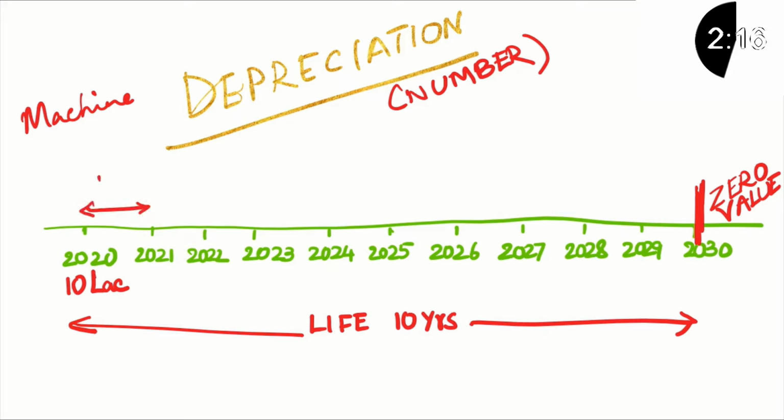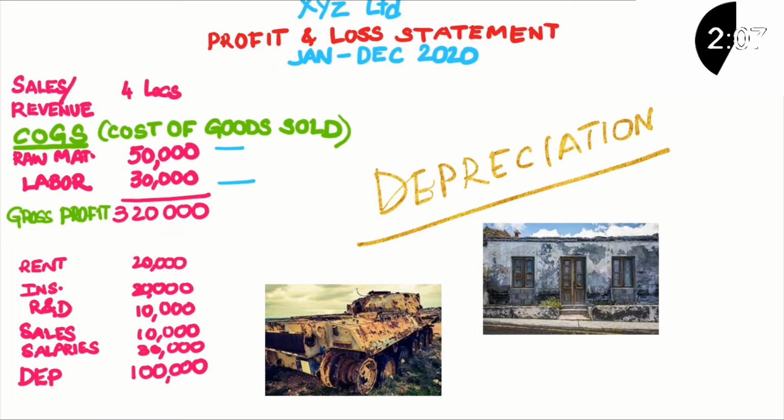The company decides that each year the value of the machinery is decreasing by 1 lakh. So this year also the company is using the machinery for the manufacture of furniture, and hence the machinery lost its value by 1 lakh.